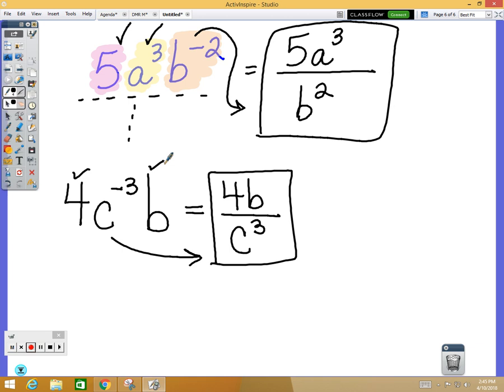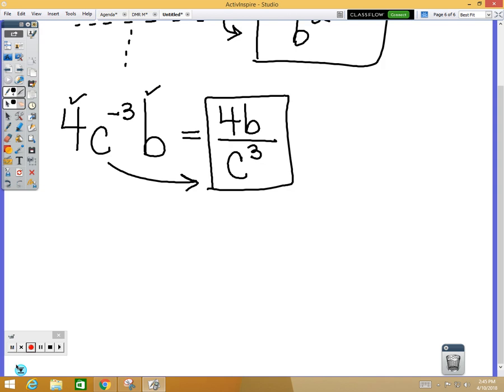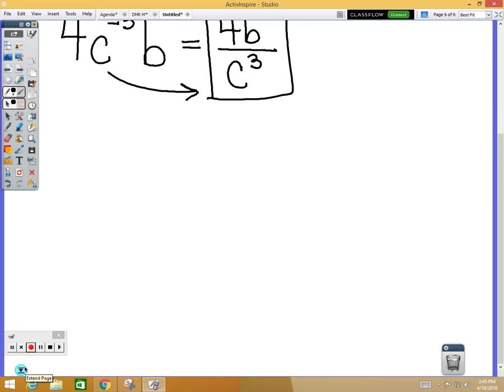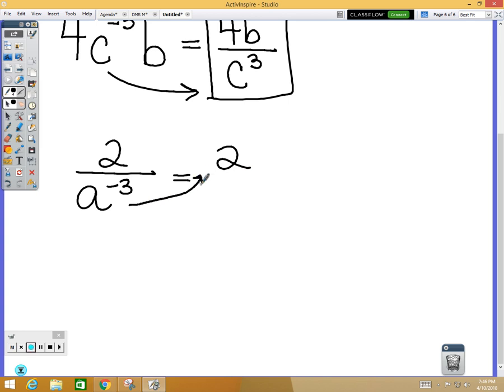Okay. We were saying that it can work the other way around as well. So if I were to give you 2 over a to the negative third power, is my 2 okay? Yes, 2's okay. Now, if I move this power with the a, if I move it up, it's going to change the negative 3 to be positive 3.